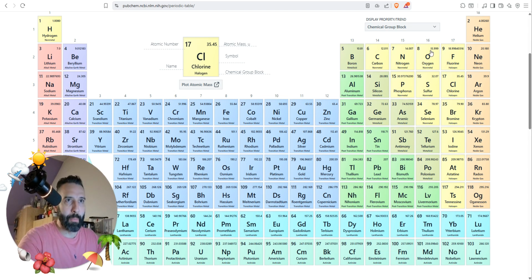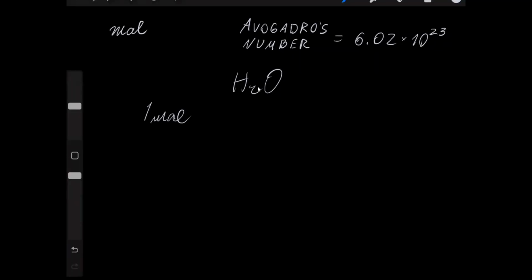So let's see. The mass of oxygen is 16, let's say. And the mass of hydrogen is 1 gram. So water is made out of 2 hydrogens, 2 times 1, right? Plus 16.